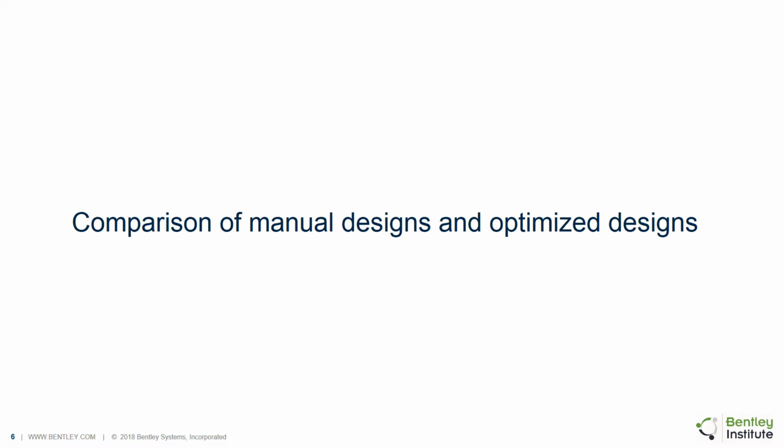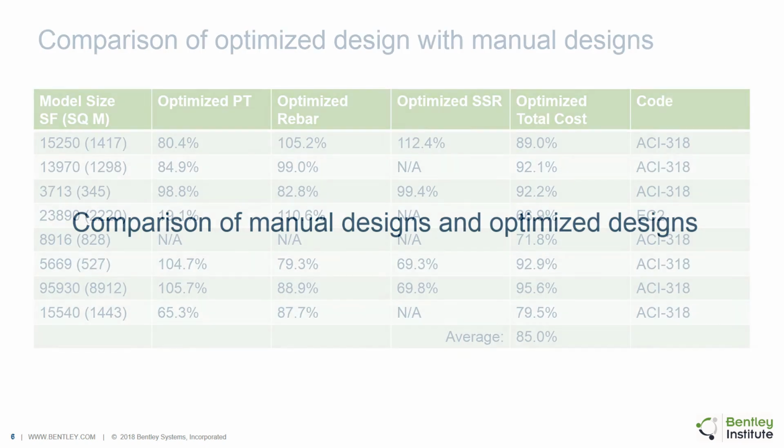So we've seen that the optimizer can produce a better design than we were able to produce manually. And we've also seen that the optimizer generally results in practical designs, including for deflection control. But we also just looked at a fairly small model, and you might be curious about whether or not the solution scales to larger models.